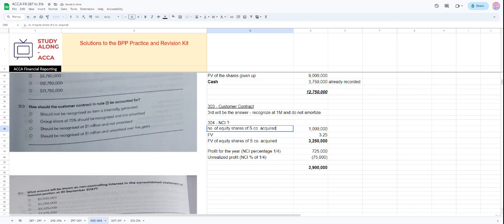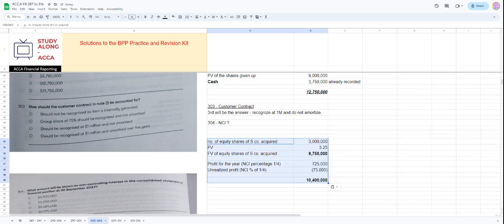Number of shares S company acquired, or maybe we can simplify this calculation a little bit. What we can do, we can say number of equity shares of S company before acquisition is 4 million. Let me increase the size.